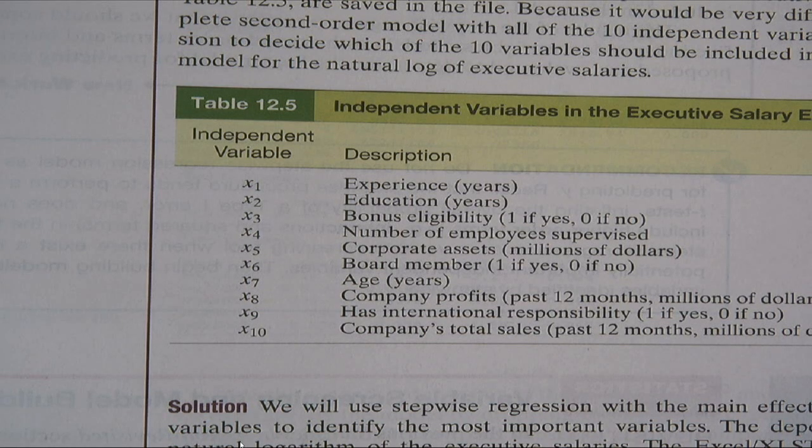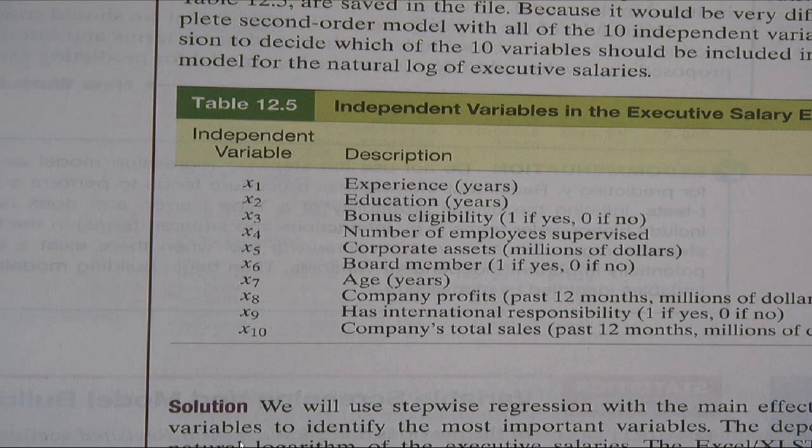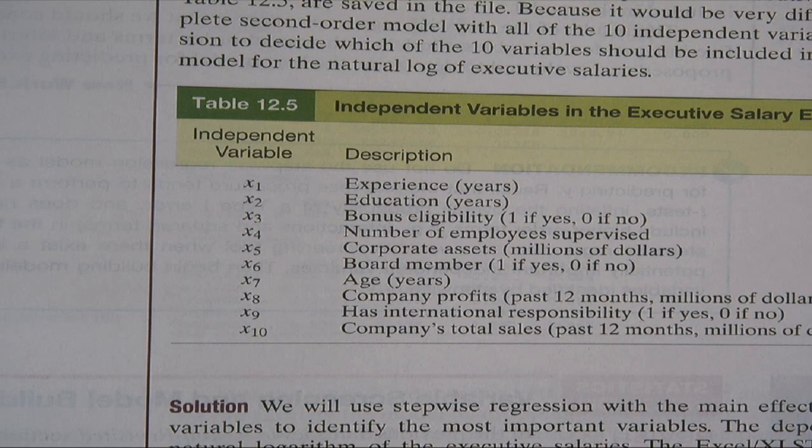Quant. Next one, board member, yes or no? Qual. Age in years, quantitative. Company profits, quantitative. Has international responsibility, another qual. And then finally, company's total sales in the past month. So if you count up, there's 7 quantitative variables and 3 qualitative variables.